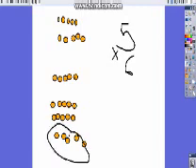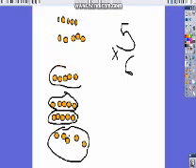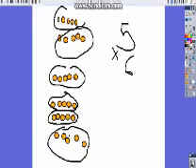1 group, 2 groups, 3 groups, 4 groups, 5 groups, 6 groups. And if you count that, 5, 10, 15, 20, 25, 30, the answer would be 30.